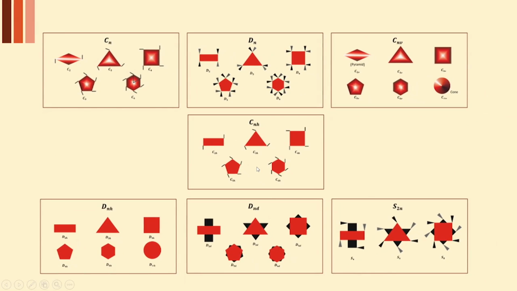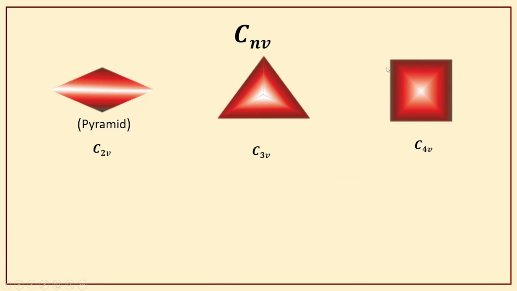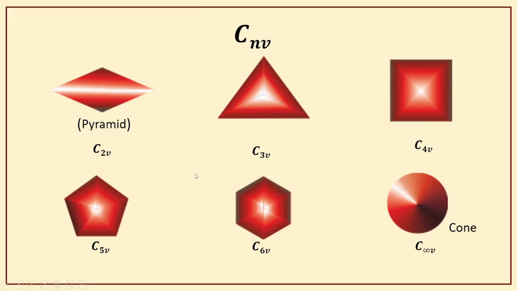The most common of the structures are the Cnv structures. The Cnv structures are typically the structures which have a third dimension, and normally we encounter various molecules which have this kind of structure. What you notice here is that they have a third dimension coming out of the plane, and therefore this is assigned a C2v symmetry. Water is given a C2v symmetry, ammonia is given a C3v, C4v, as we have studied about the Taj Mahal symmetry, that is C4v. Similarly, had it been C5v, it would look like this.